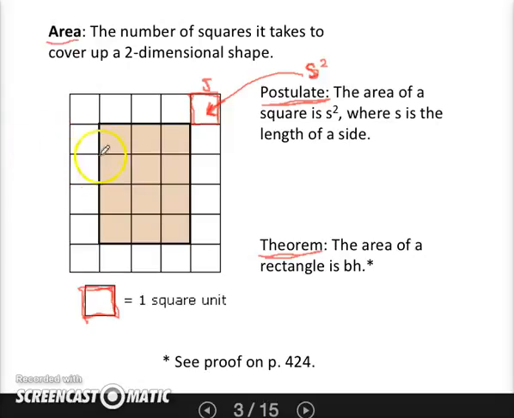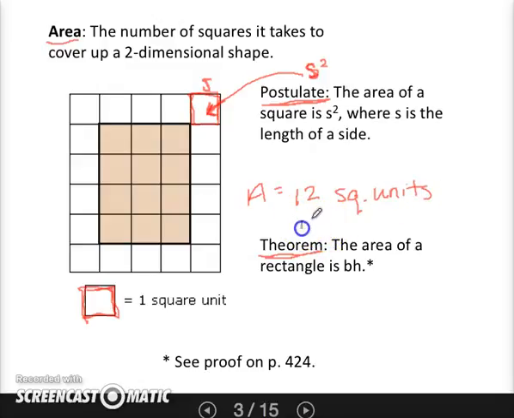So the area of this rectangle then would be the number of squares it takes to cover up this rectangle. So let's count 1, 2, 3, 4, 5, 6, 7, 8, 9, 10, 11, 12. So the rectangle has an area of 12 square units.